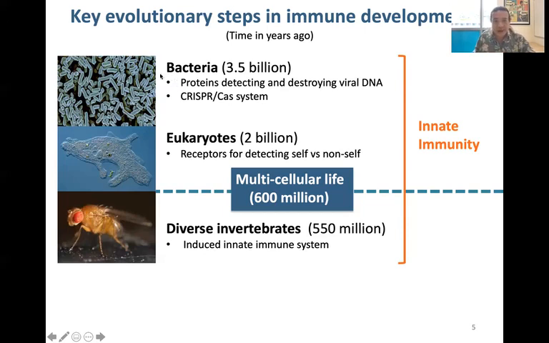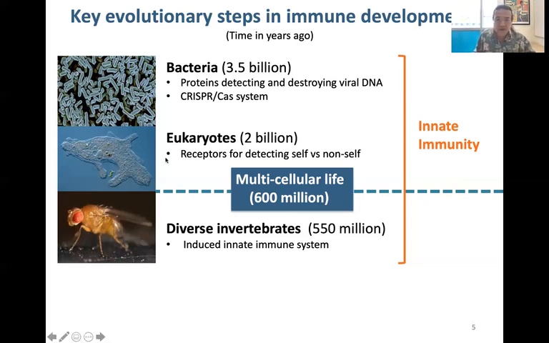So back when life started, you had bacteria 3.5 billion years ago. So even lowly little bacteria had to have ways of identifying threats like viruses, right? Like phage, lambda phage viruses that attack bacteria. So that's why we learned that they already had mechanisms to detect viral genomes, and that got carried into eukaryotic cells in the form of mitochondria, right, that are still involved in helping our cells detect viral infections.